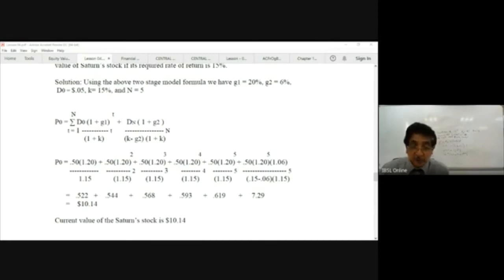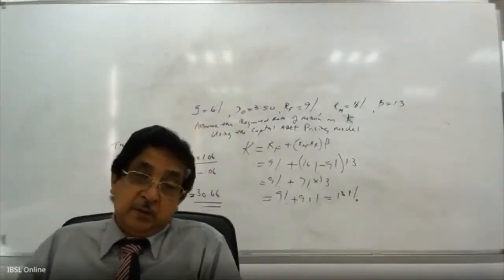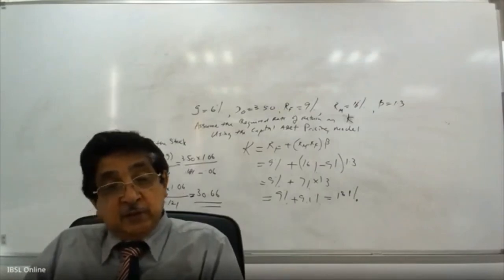Now, what I want to tell you is that there is a need to calculate the value of a stock where the dividend growth rate is higher than the required rate of return.